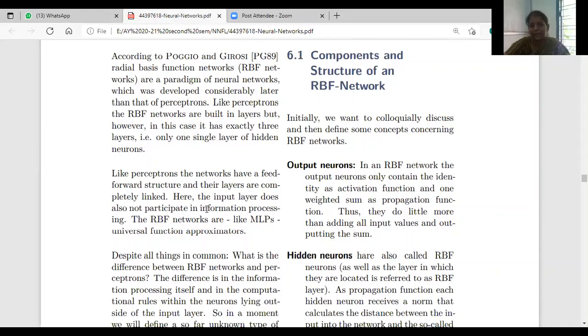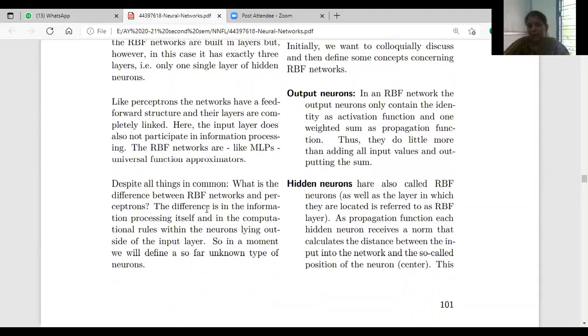Here in RBF, the input layer does not participate in information processing. RBF networks are like multi-layer perceptron universal function approximators. So before going to how your RBF network actually works, what is the difference between RBF network and perceptrons?